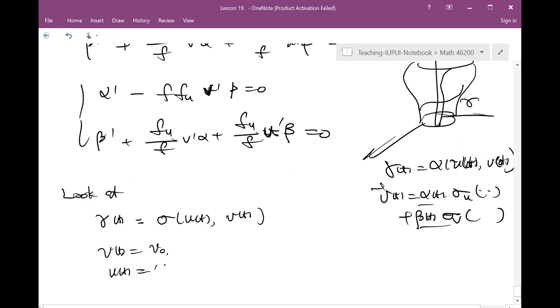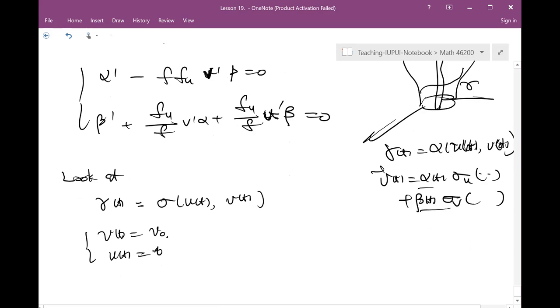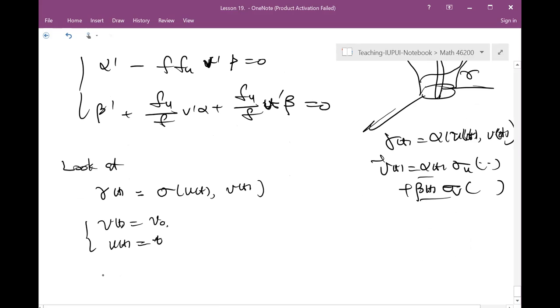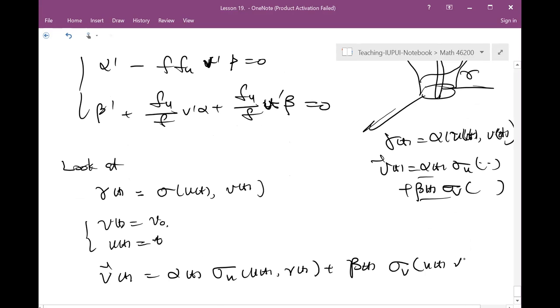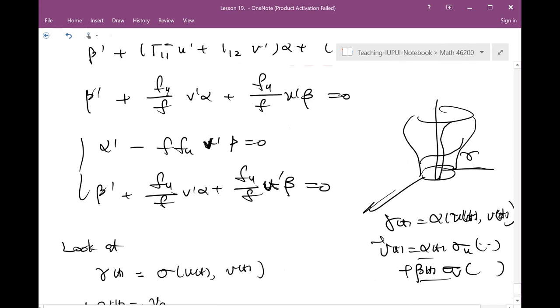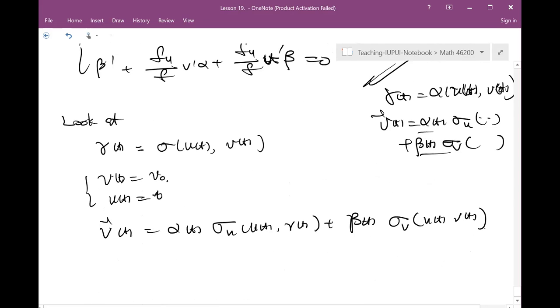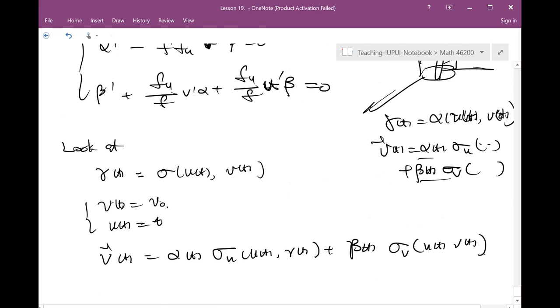U t will be just t, how about like that. Then I'm going to plug into the formula a vector field along the curve. How does that look? Along this curve, I'm going to look at how to determine the parallel vector field.